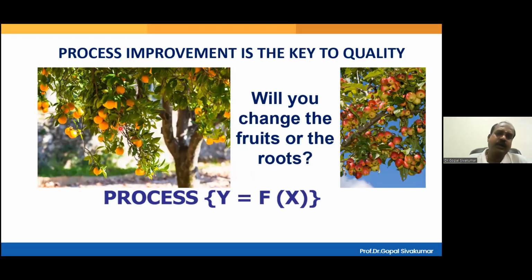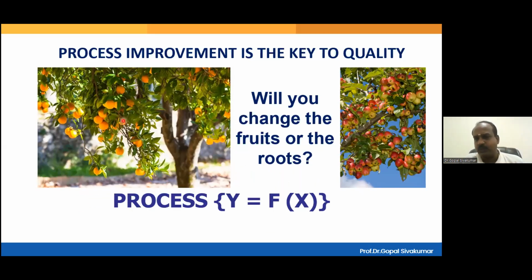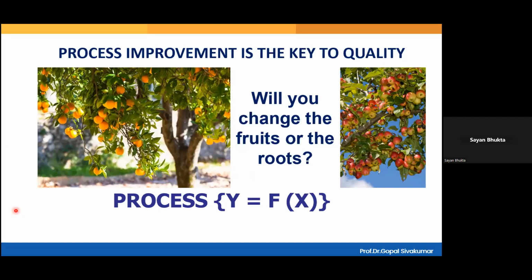In Six Sigma, we call it y equal to f of x, where y is the output, x are the inputs. The quality of the output definitely depends on the quality of the input.